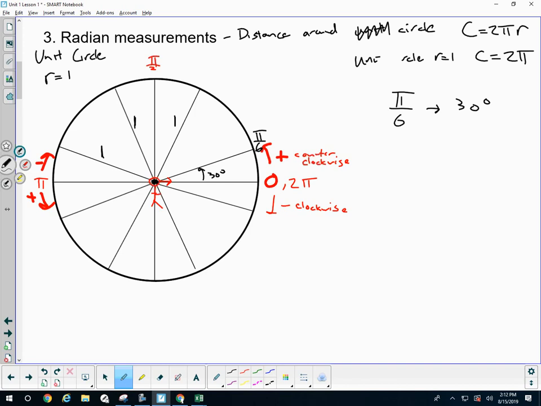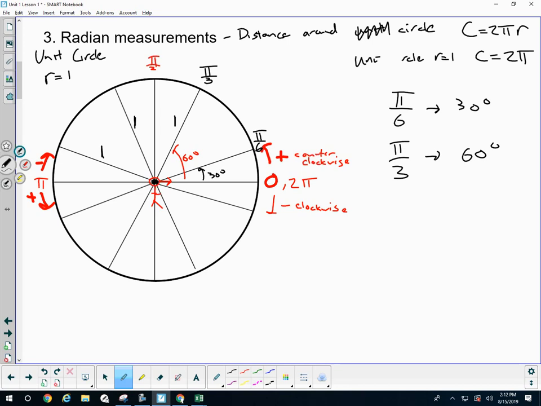I can start at 0, add a pi over 6, and add another pi over 6. Pi over 6 plus pi over 6 is 2 pi over 6. Well, 2 pi over 6 is the same as pi over 3 if you simplify the 2 over the 6. Well, that creates a 60-degree angle. It is important to remember that pi over 3 is 60 degrees.